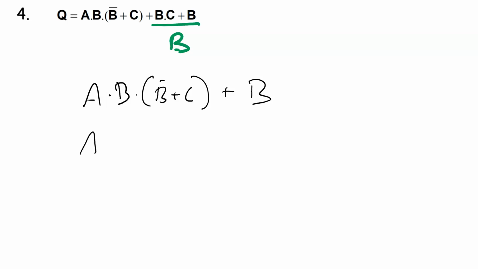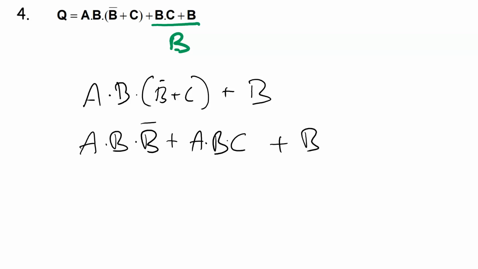This is going to be A and B and not B, or A and B and C, or B. Which way round do I do it?